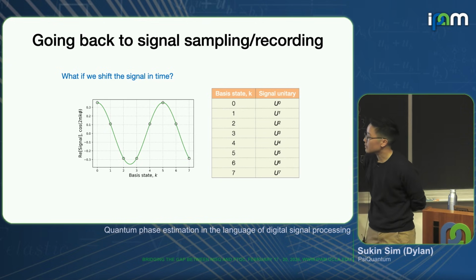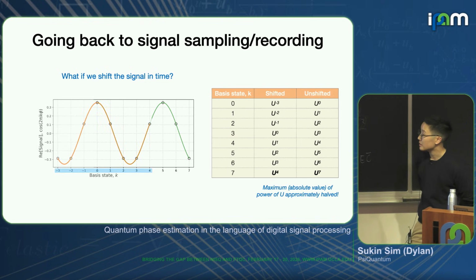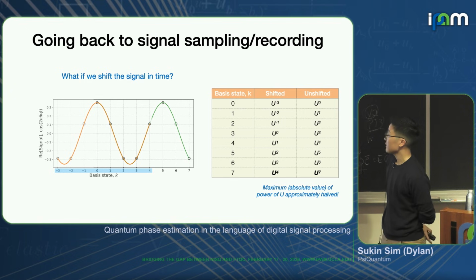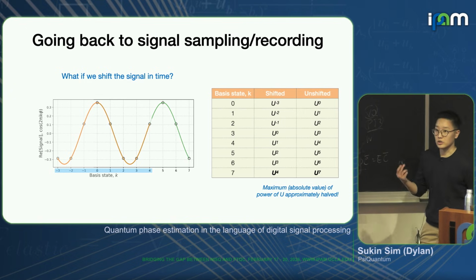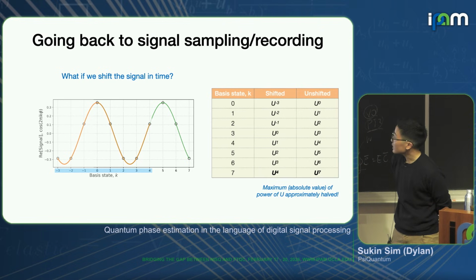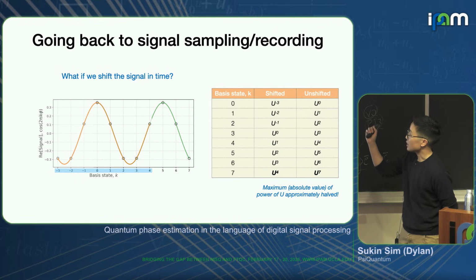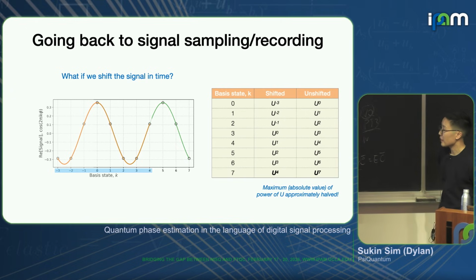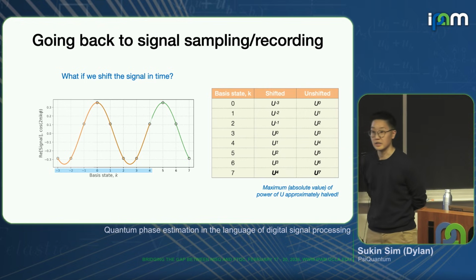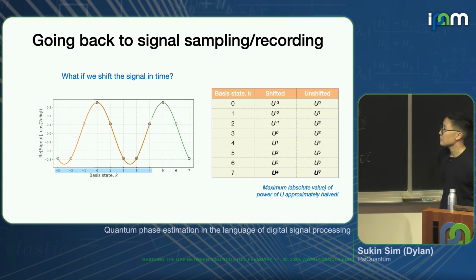Instead of sampling times from 0 to 7, let's sample from times -3 to 4. In the shifted case, we would apply powers going from -3 to 4 instead of 0 to 7, where you might notice that the maximum absolute value of the power of U is approximately halved.